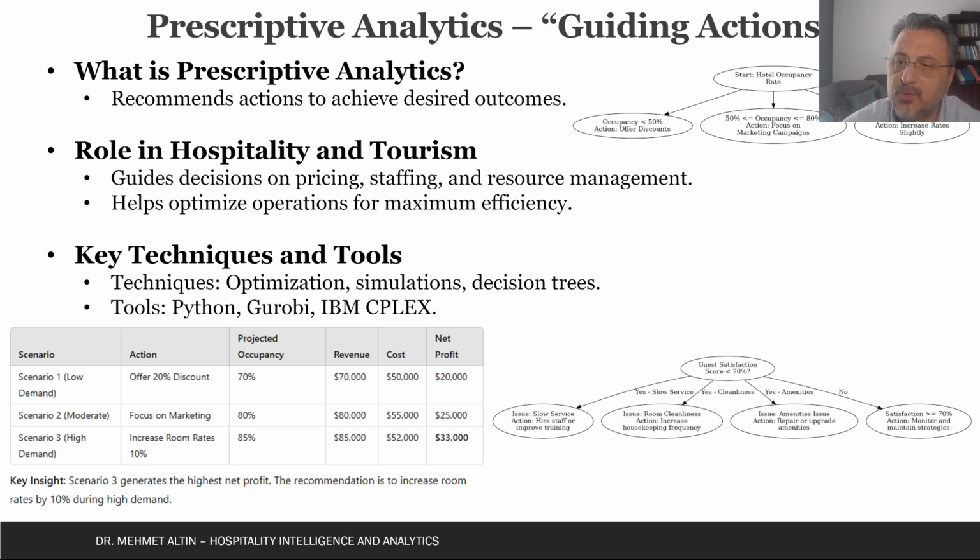In hospitality and tourism, prescriptive analytics is often used for, for example, dynamic pricing strategy, where room rates are adjusted based on predicted demand, and staff scheduling, to ensure resources align with guest needs. Basically, you take some ideas from predictive analytics and, using prescriptive analytics, decide what we are going to do about it. It could be operational optimization, such as managing inventory and energy efficiency.